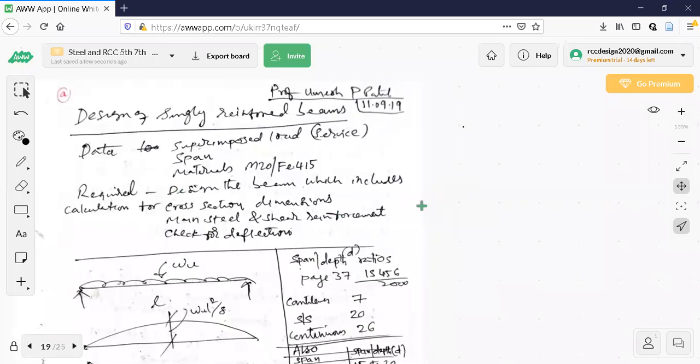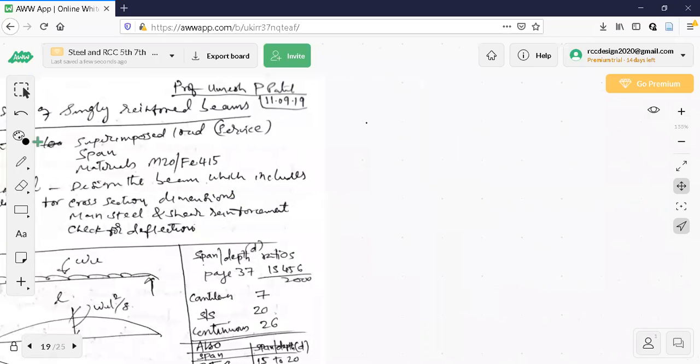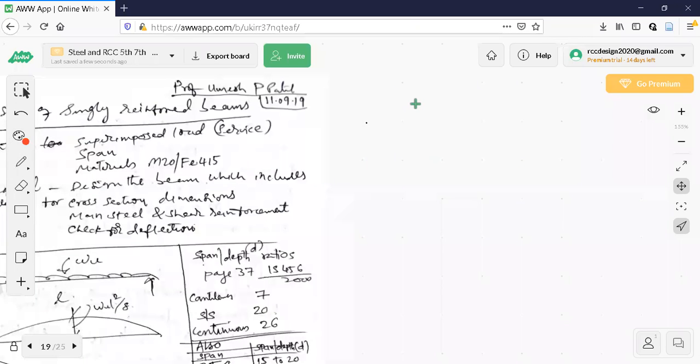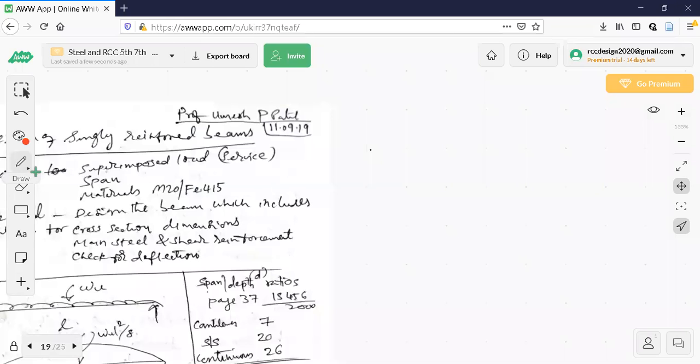Observe here. How you can differentiate these two, analysis and design. When I write beam, you must understand that there are two modules on beam, module 2 and module 3.